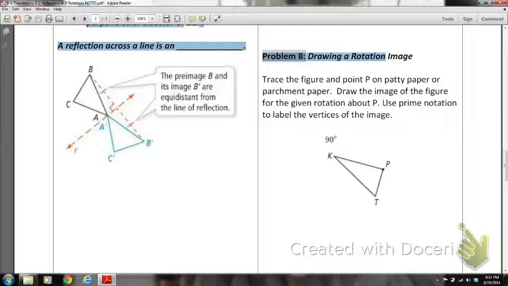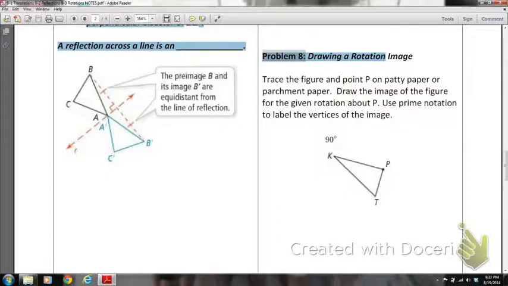If you would go back to the previous page in your notes, there's a rotation problem at the bottom of that page. It's problem 8, drawing a rotation image. So let's look at that first. It asks you to trace the figure and point P on patty paper or parchment paper. We can do that in class, but we can also do it here and talk through it as well.